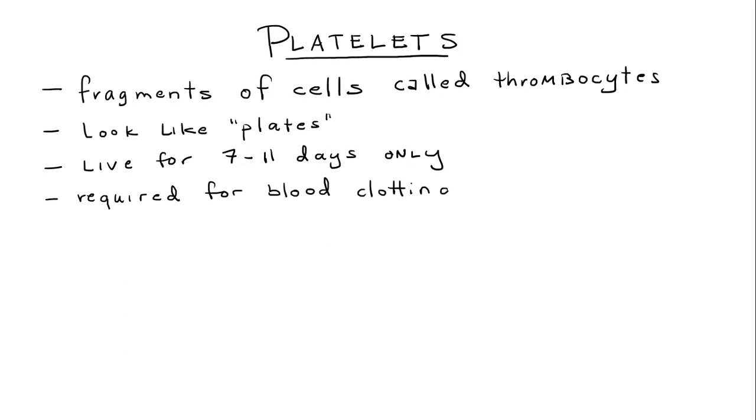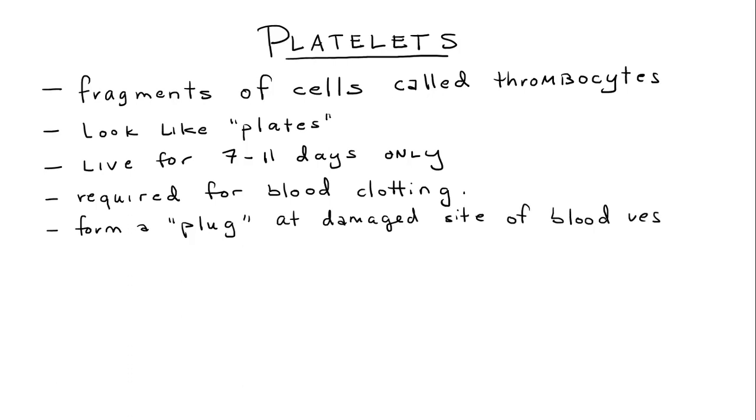What happens when you cut yourself is that if you cut into a blood vessel, the platelets form what's called a platelet plug at the damaged site of the blood vessel. I'll attempt to draw that here. The platelets aggregate to the endothelial lining of the blood vessel, and they form a little plug.